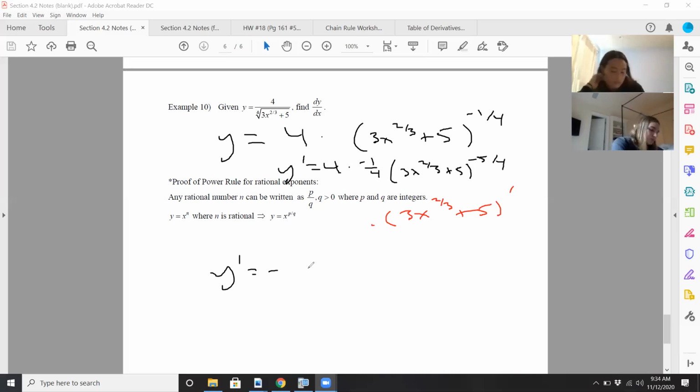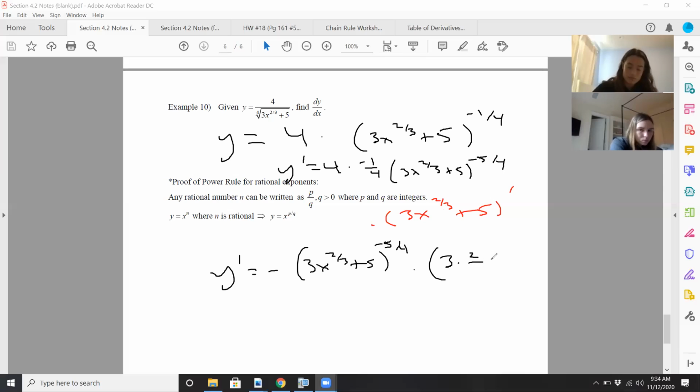So it's negative. And then times the derivative of that, which is going to be 3 times 2/3 times x to the -1/3 plus 0.